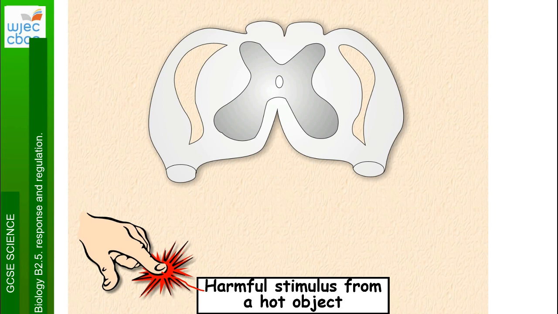That stimulus, so stimulus would be number 1. Number 2 then would be receptors. So in this case, pain receptors in the finger are stimulated.